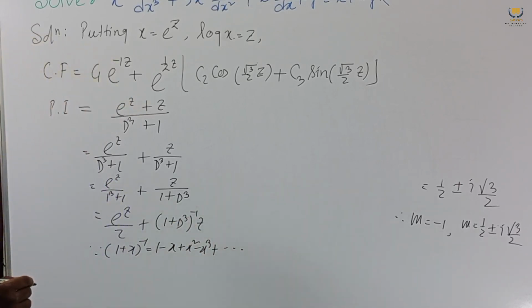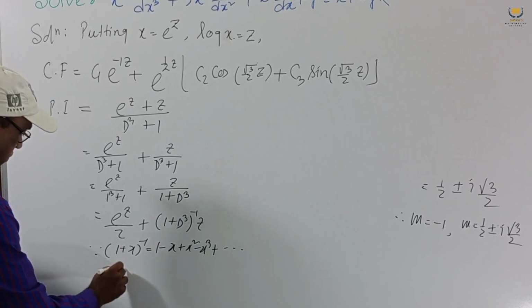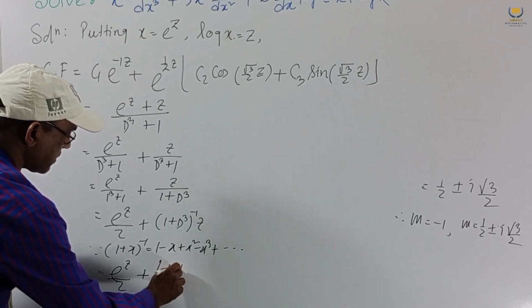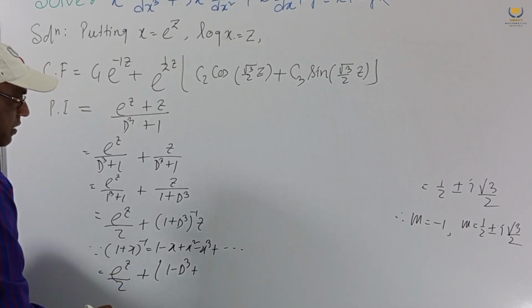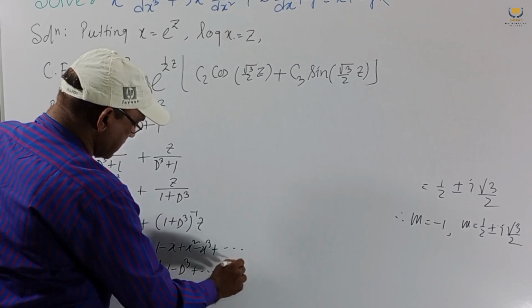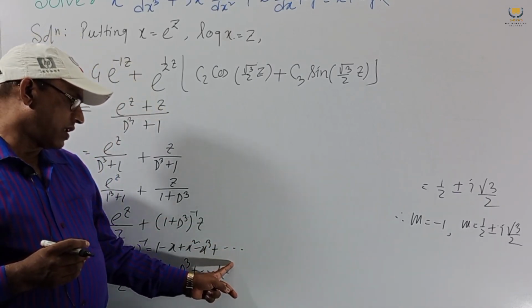Using this formula, e to the power z by 2, and (1 minus D cube plus D to the power 6 and so on) z. The other terms need not be written because the power of z is 1.